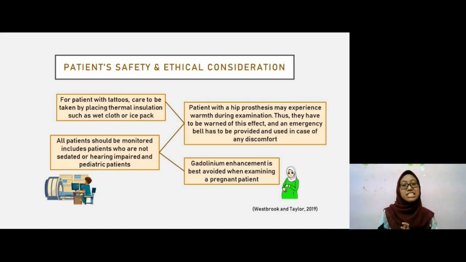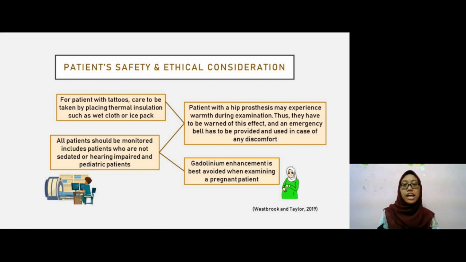For patient safety and ethical consideration, for patients with tattoos, care is to be taken by placing thermal insulation such as a wet cloth or ice pack. Next, patients with a hip prosthesis may experience warmth during examination.